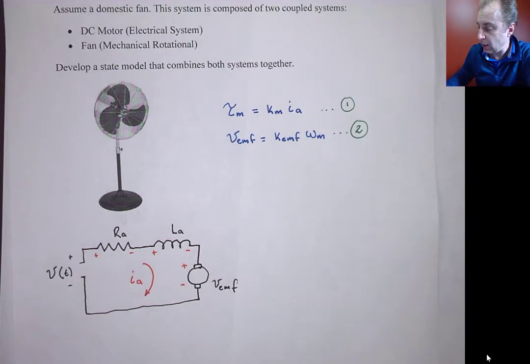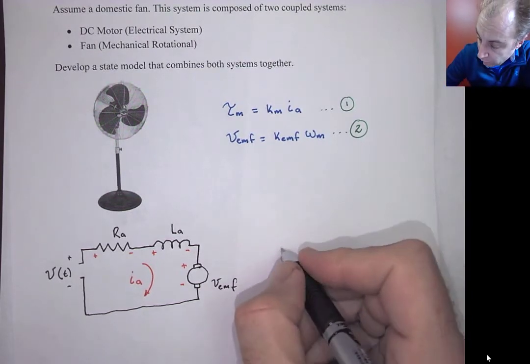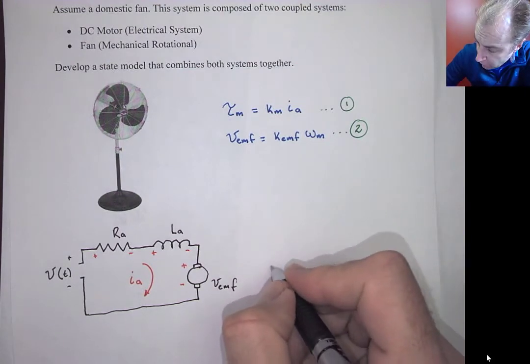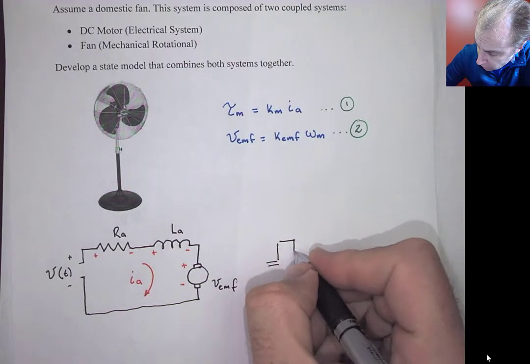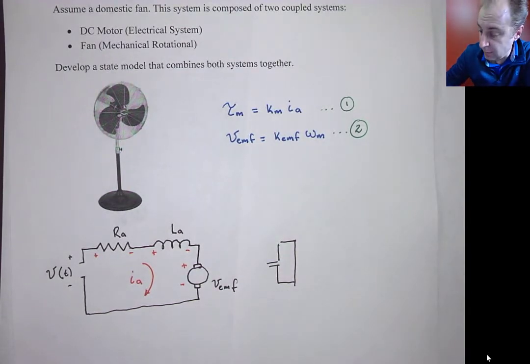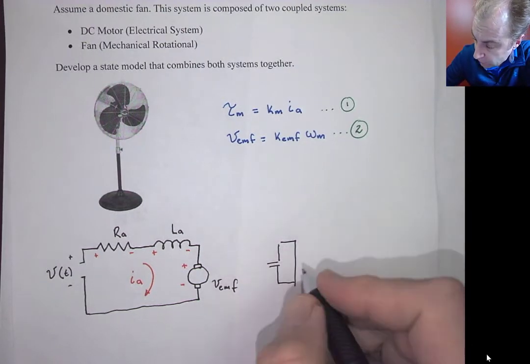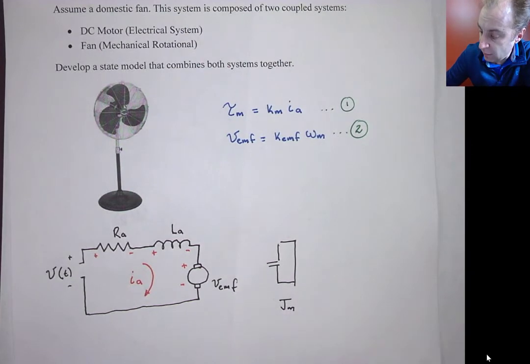Okay, then let's look at the fan itself. We're going to have our rotor, and the rotor is an inertia element, so let's define that as JM.